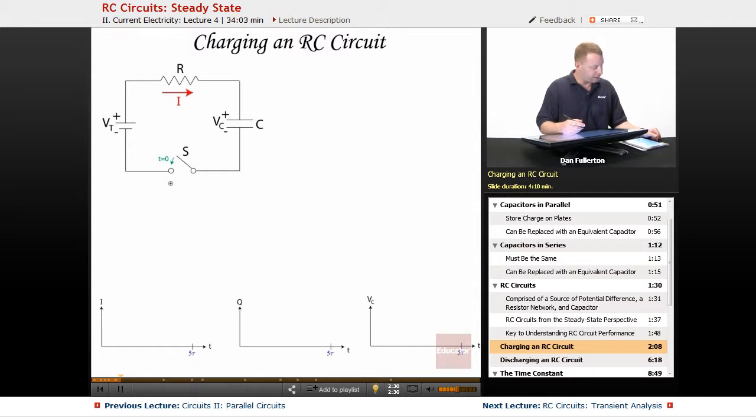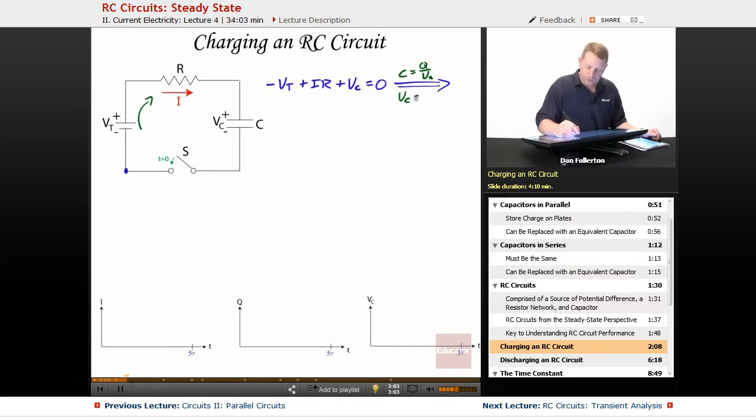So if we were to take a look at this, and we're going to follow a Kirchhoff's voltage law path around that way, I could write that minus VT, because starting here we see the negative side first, plus IR plus the voltage across our capacitor is going to equal 0. All right, well, we also know that our capacitor is charge divided by voltage across our capacitor.